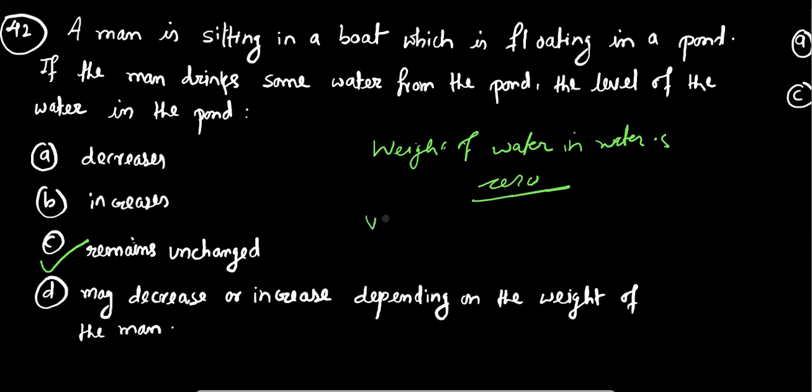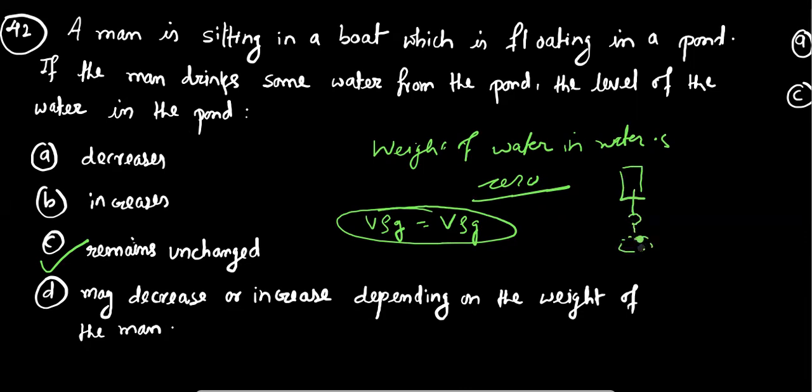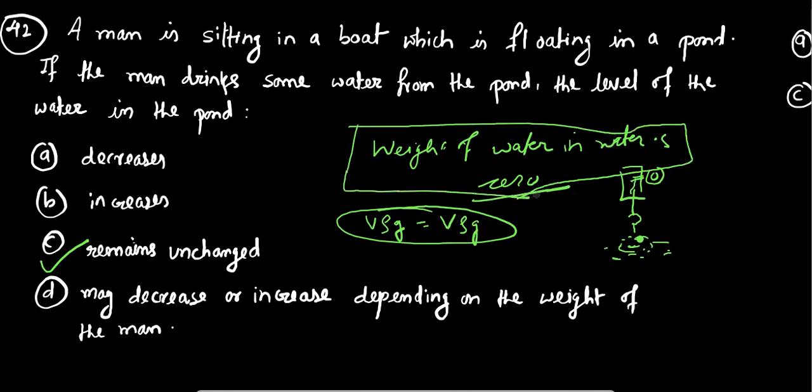Why? Because the upthrust acting on the water is equal to the weight of the water. So there is no change in weight, which means that if we place water inside the water, then the pointer remains at its initial position. That means the pointer indicates 0. So we have to just remember this line: weight of water in water is always 0.